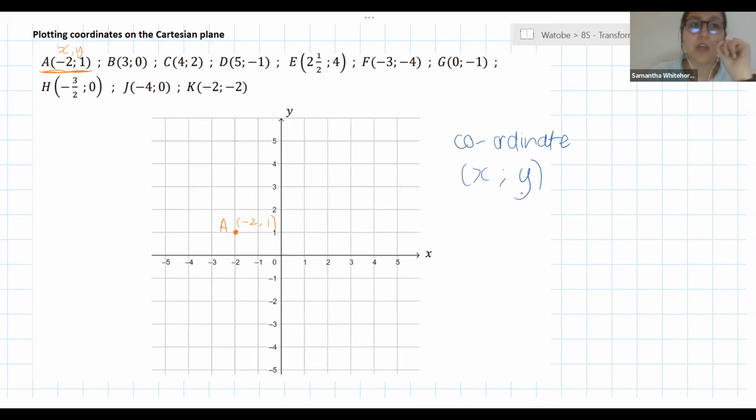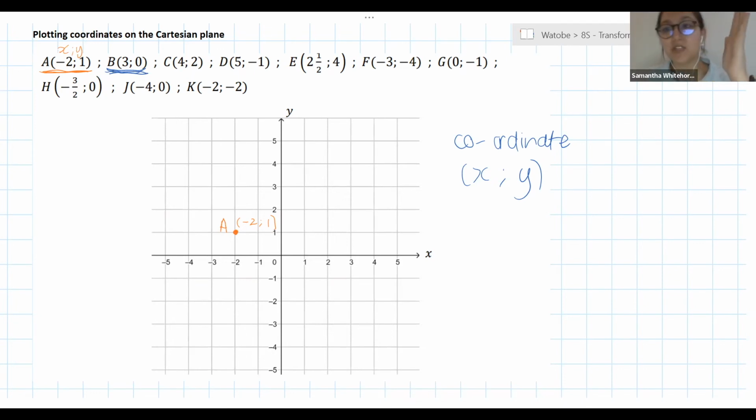Okay, so let's have a look at point B. Automatically we see a 0 here, so hopefully an alarm bell is going off in your head, because we know that when one of our coordinates is 0, it's probably going to sit on one of my axes. If not, that's also okay, this is new, and we just plot our points.